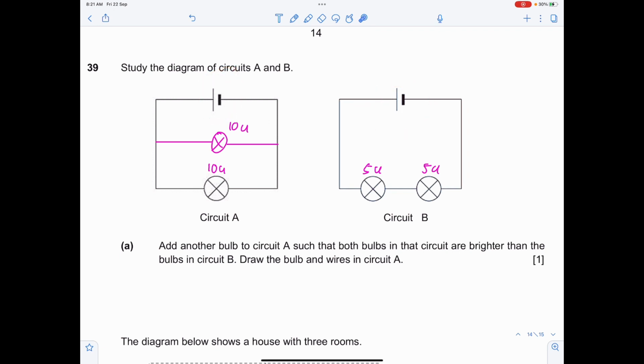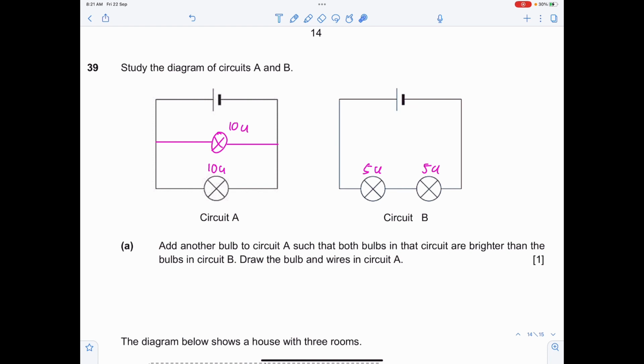That's the first consequence. The second consequence, which is a good consequence, is that should one of the bulbs be fused, the circuit is still closed for this particular bulb. That's how you phrase it. So you can say that bulb A is still in a closed circuit even though bulb B has fused. The key idea when answering questions related to parallel is to tell me which electrical component is still in a closed circuit.